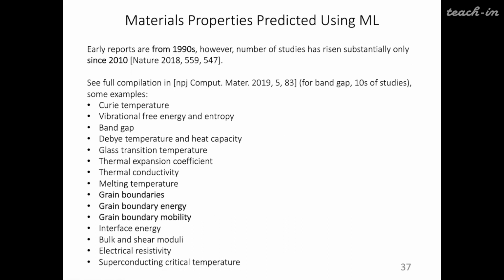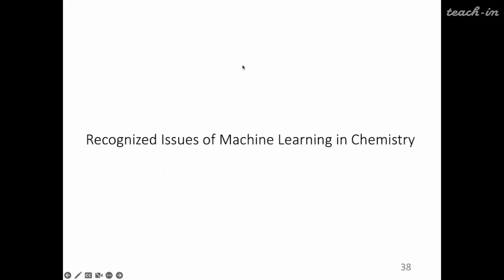Of course, there are many other properties like band gaps or thermal conductivities, thermal expansion coefficients, etc. So you can find a review here in this paper. And there are some issues that we should discuss, the issues related to the application of machine learning in chemistry and material science in particular.